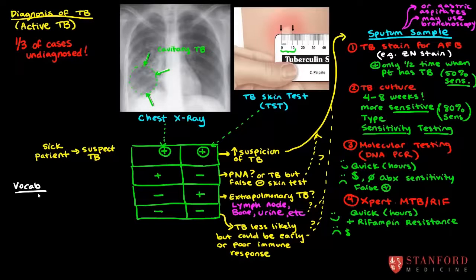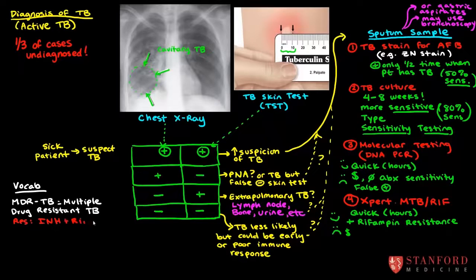But sometimes you will encounter strains, and they're becoming more common, where the bugs are resistant to INH and rifampin. Oh dear. And those are called MDR TB. And MDR stands for multiple drug resistant, and then TB stands for tuberculosis. And by definition, MDR TB are resistant, as I mentioned, to INH and rifampin. And then you have to use different drugs other than INH and rifampin to treat them.